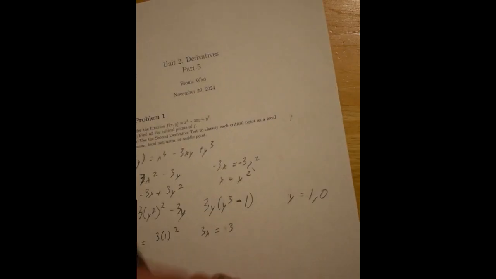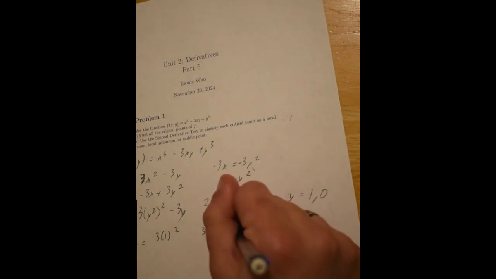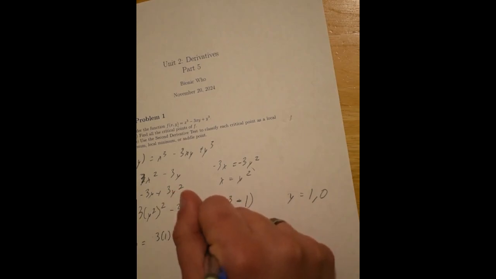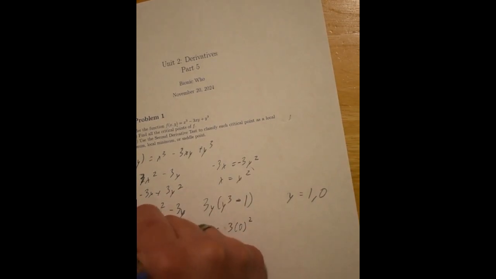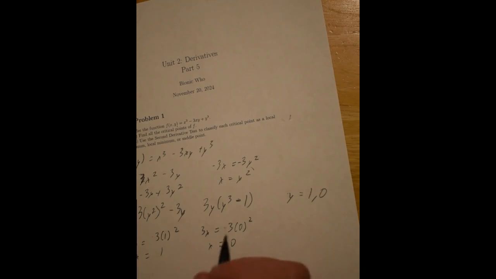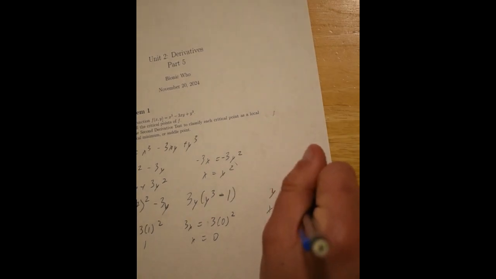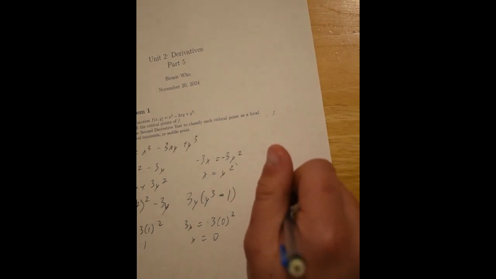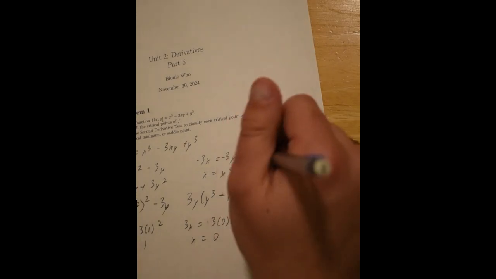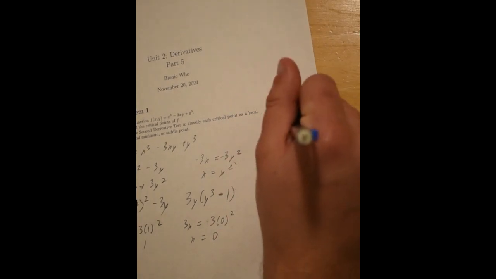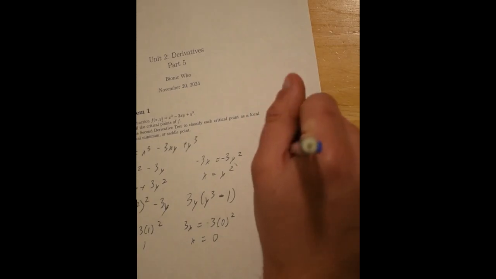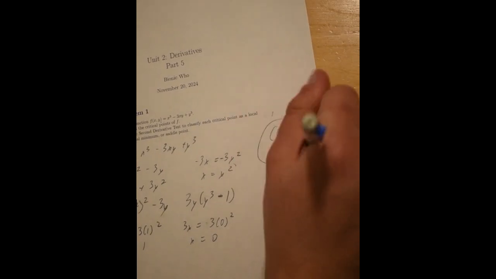Our x is equal to 3 times 1 squared and 3 times 0 squared, so x equals 0 and x equals 1. So we can see that those are the same. So now we have both our x and our y values. Both our x and our y are equal to 1 and 0. So we would probably have those points be (0, 0) and (1, 1) as our critical points.